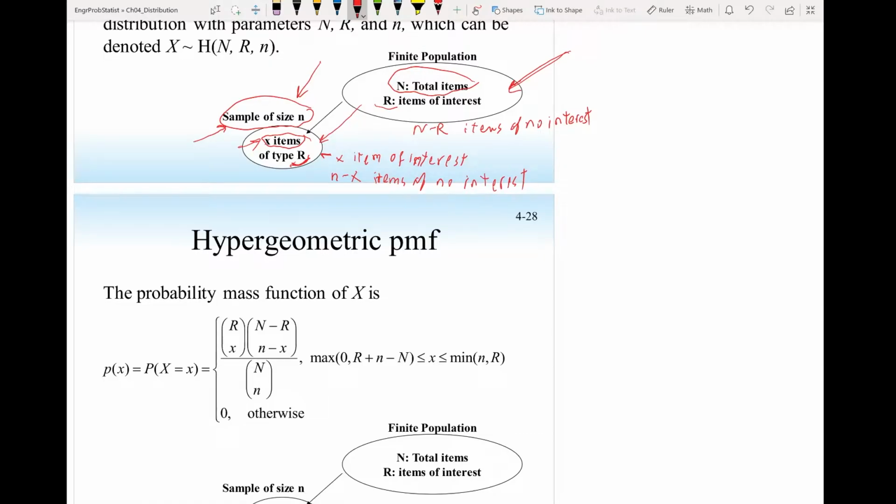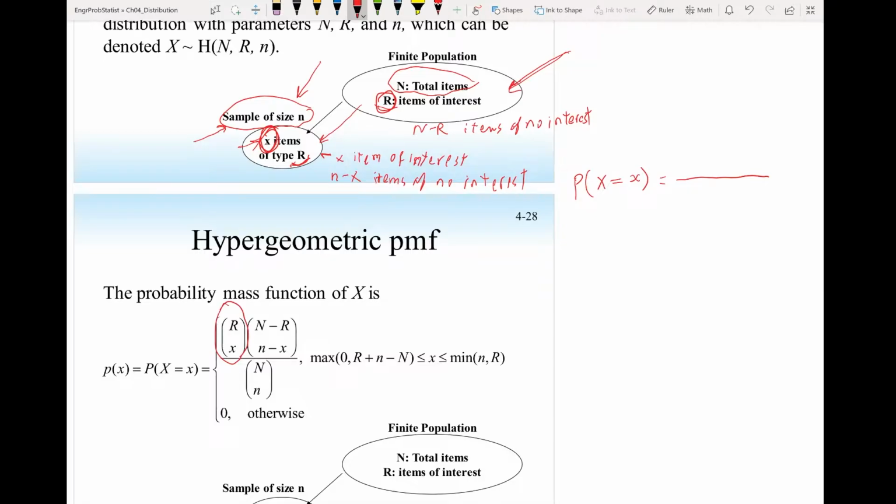Now, if I need to find the probability that the random variable X equals, let's say, maybe 5 or 10, it will be the combination of interest. In this case, how many ways can I get x items from R items here? That will be this combination.